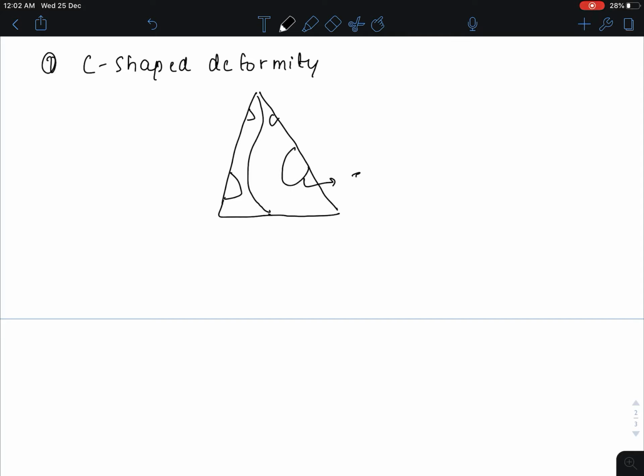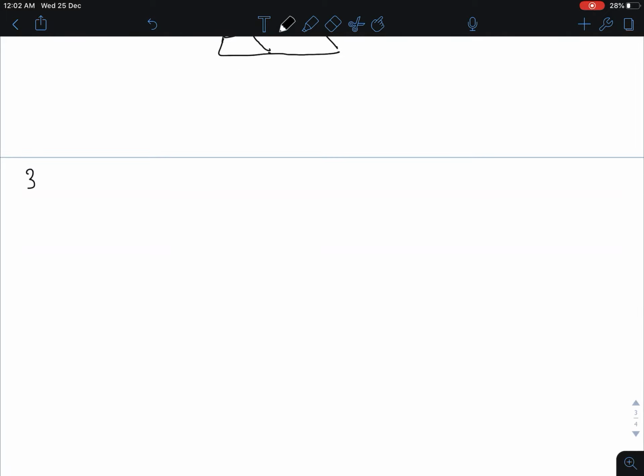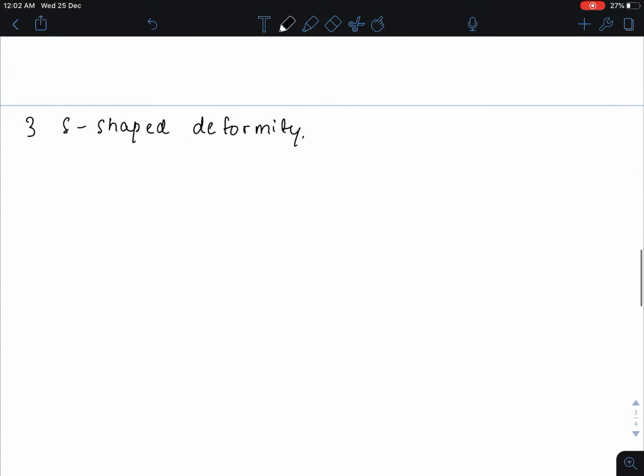These all are the turbinates. Now the third type is S-shaped deformity. This is the S-shaped deformity.